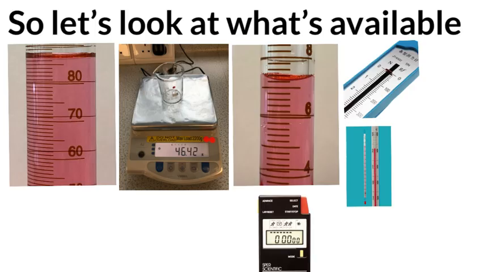Okay, some things we normally use in the lab to do this. Here is our measuring cylinder again, and in this case we can see there are 1, 2, 3, 4, 5, 6, 7, 8, 9, 10 between 70 and 80. So that means each one of these lines must be 1 cm cubed different. So when we're recording this data using this piece of equipment, then we have to record the whole numbers.